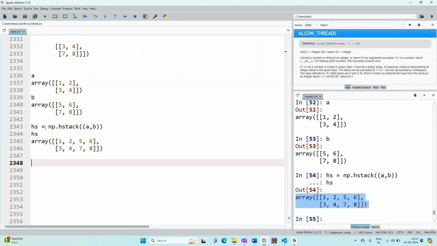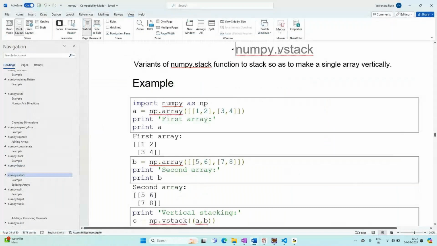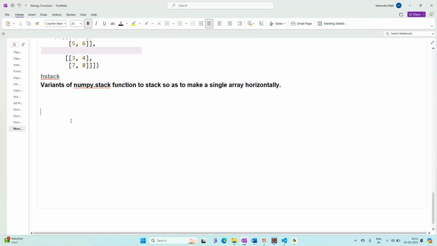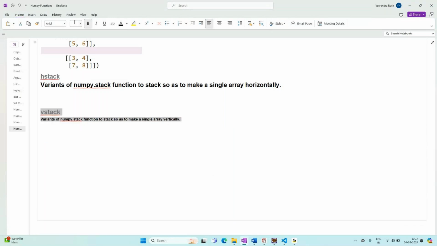Okay, right. So next we will have something like v stack. So what will a v stack do? V stack will combine vertically. So we'll see how it does.